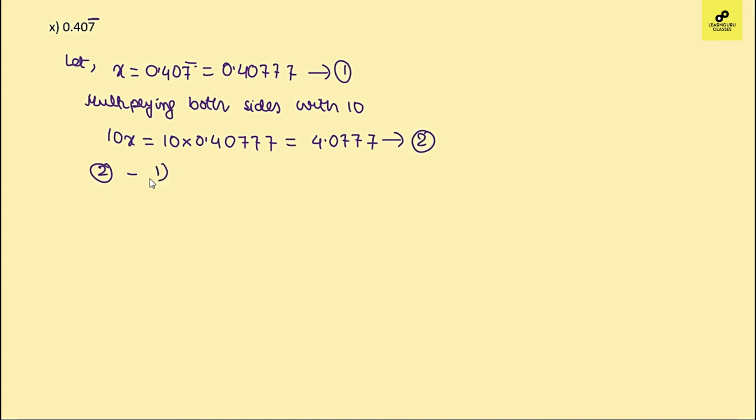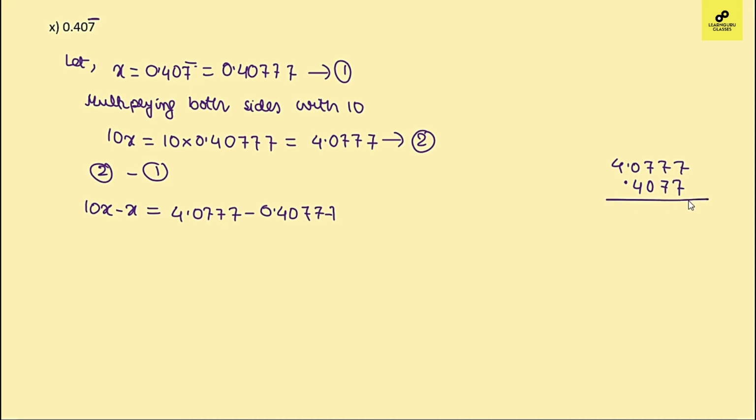2 minus 1 will give us 10x minus x, 4.0777 minus 0.40777. Let's perform the subtraction. So you are ultimately getting 9x equal to 3.67.